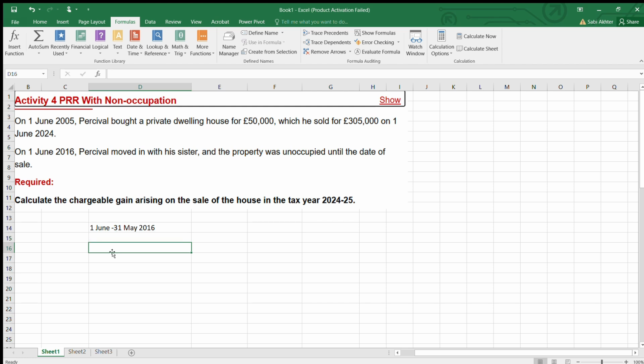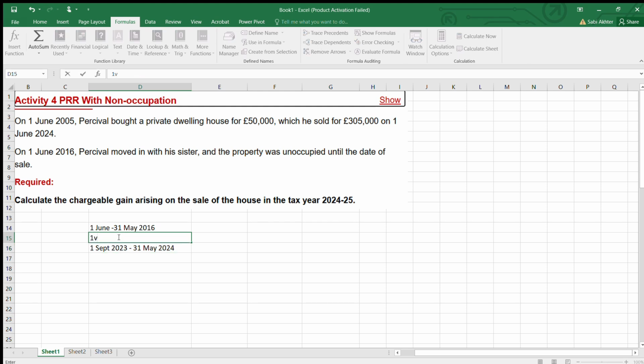So if you are unsure in the middle part, at least take the 9 months. Calculate the last 9 months first. So this will be 1st September 2023 to 31st May 2024. Now it's easy.